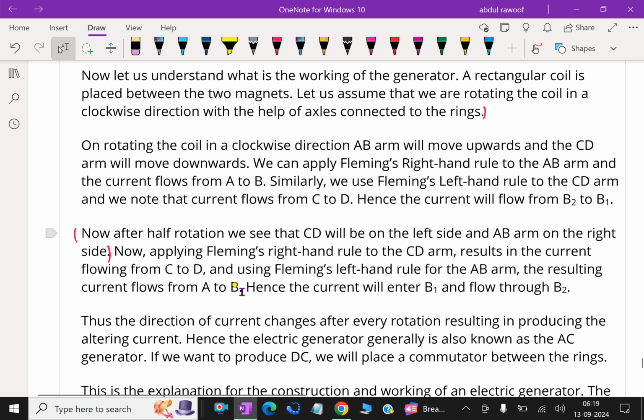Now applying Fleming's right hand rule to the CD arm, the current flows from C to D, and for the arm AB, the resulting current flows from A to B.